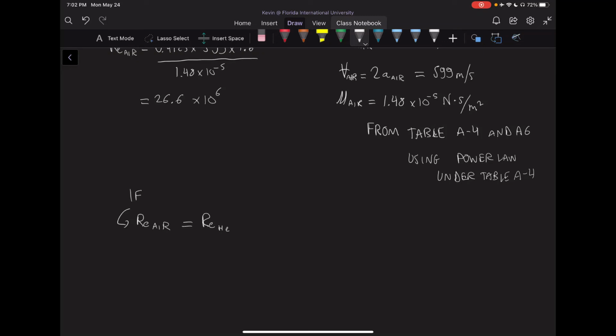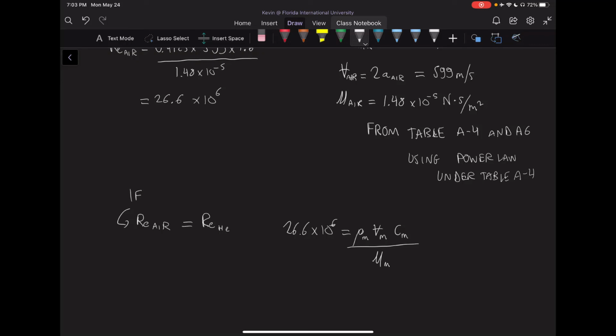Okay, so the matching velocity has to be found from this. So we can say that 26.6 times 10 to the 6 should be equal to rho of model times v of model times c model over mu of model.